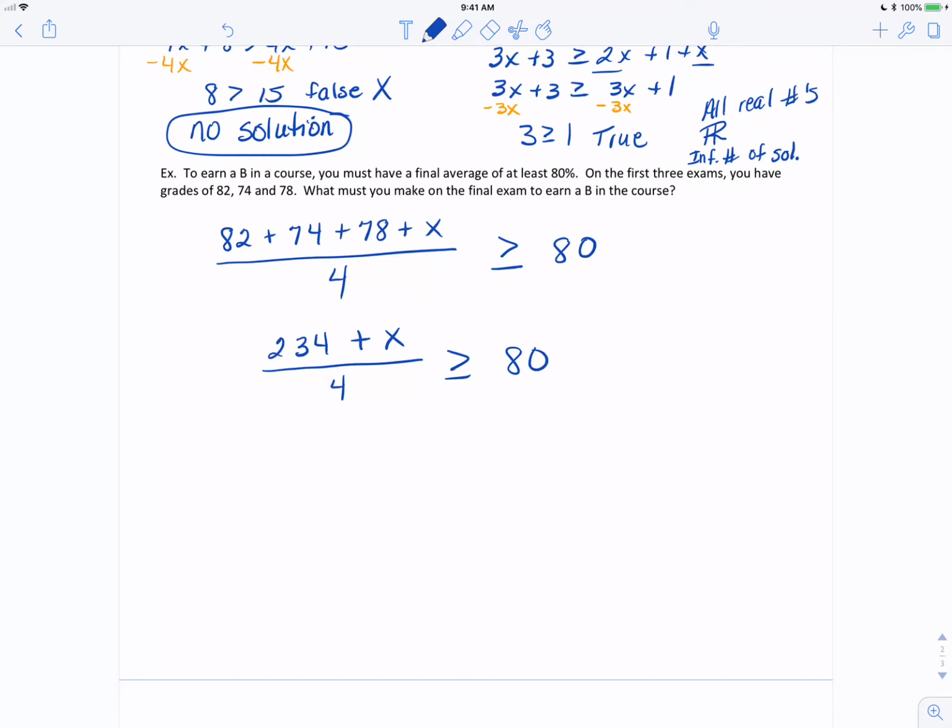Okay, so we simplified that top, but now we need to get rid of that denominator, that fraction. So remember, we multiply both sides by that denominator. So if I multiply both sides by that 4, these are canceling out, leaving me with just the 234 plus x. And that has to be greater than or equal to 80 times 4, which should be 320.